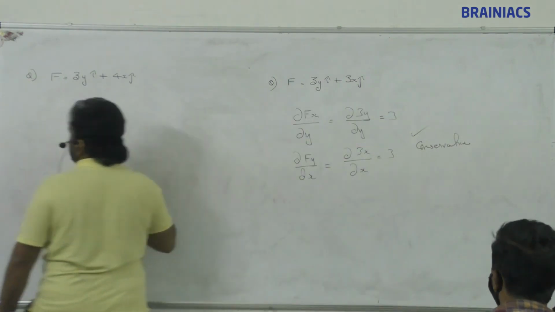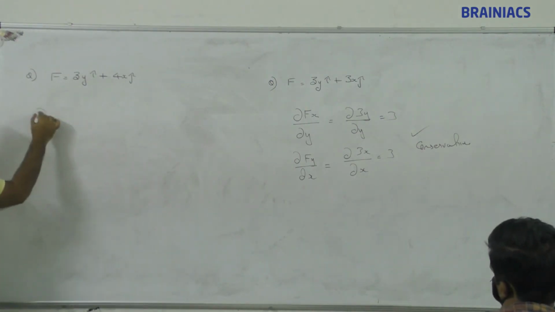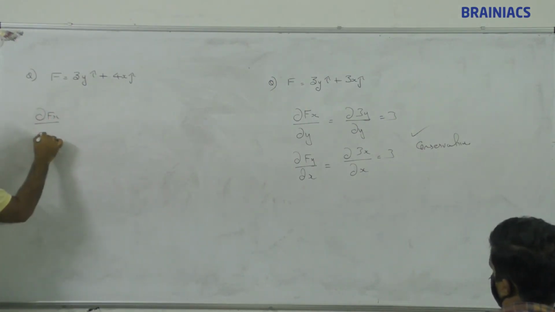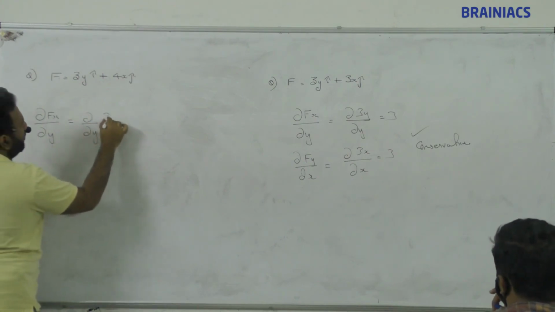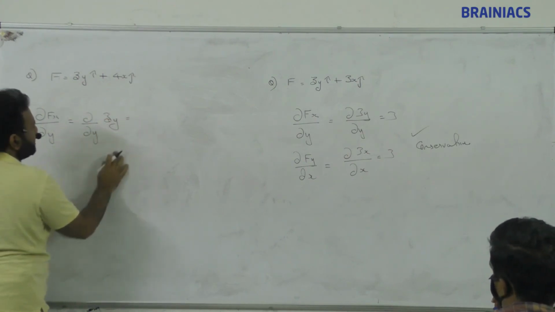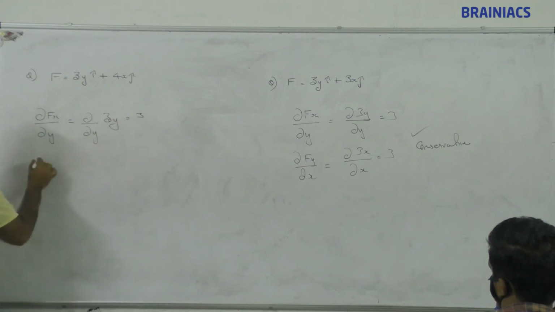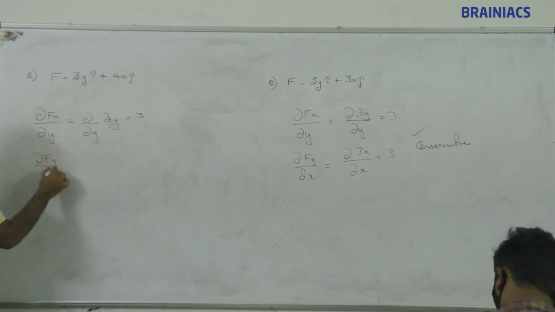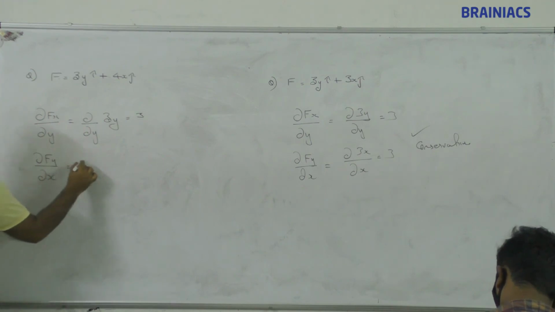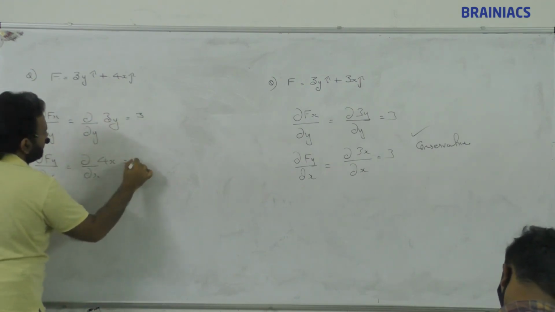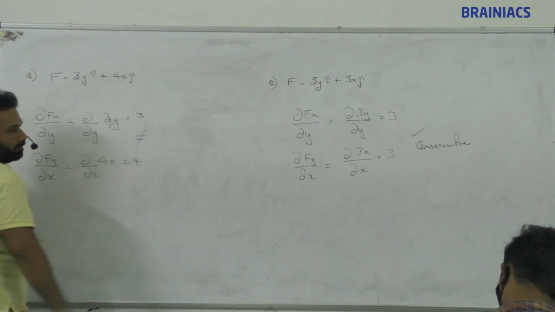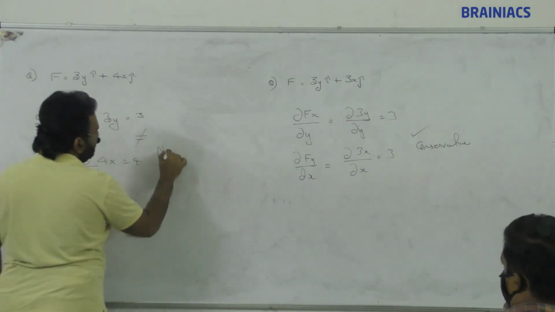What about this one? ∂fx/∂y is equal to ∂(3y)/∂y. What is this? 3. So ∂fy/∂x is equal to ∂(4x)/∂x. This is equal to 4. Not equal. So non-conservative.